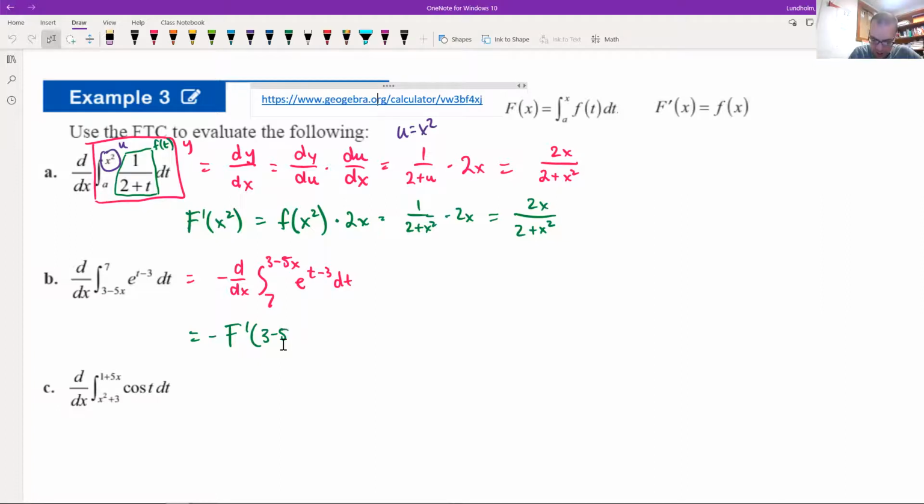And if we do that, we're going to need to evaluate f at our input, little f, and multiply that times the derivative of the inside part, which is -5. Okay.